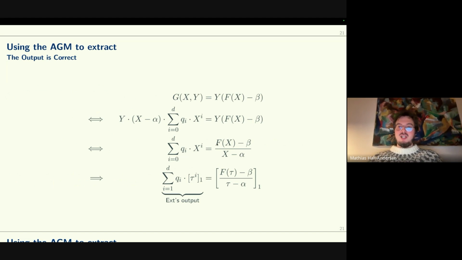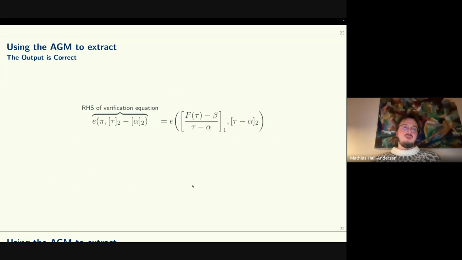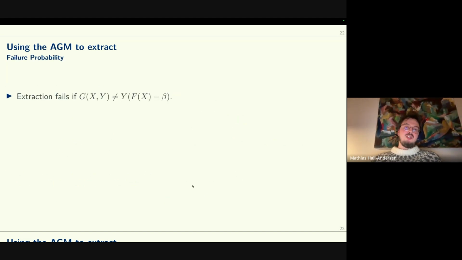If I homomorphically evaluate this thing at tau, then I will get this. This is just the honestly computed KZG commitment. And I can compute this other side. This one I don't know how to compute, but I can compute this, and this was actually exactly my KZG opening. So that's the observation. So if they're equal, we're good.